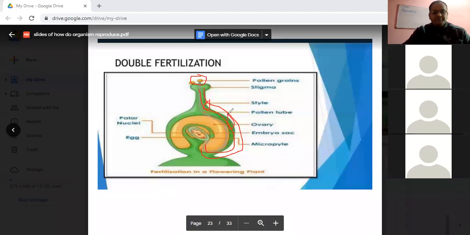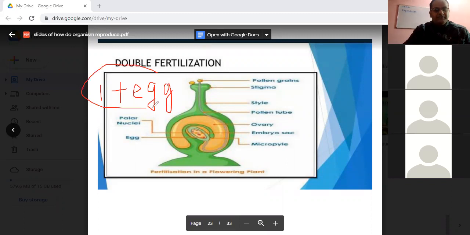I'm drawing simultaneously. Two male gametes enter into the pollen tube. Now see what happens. One male gamete directly fuses with the egg. This phenomenon is called syngamy.